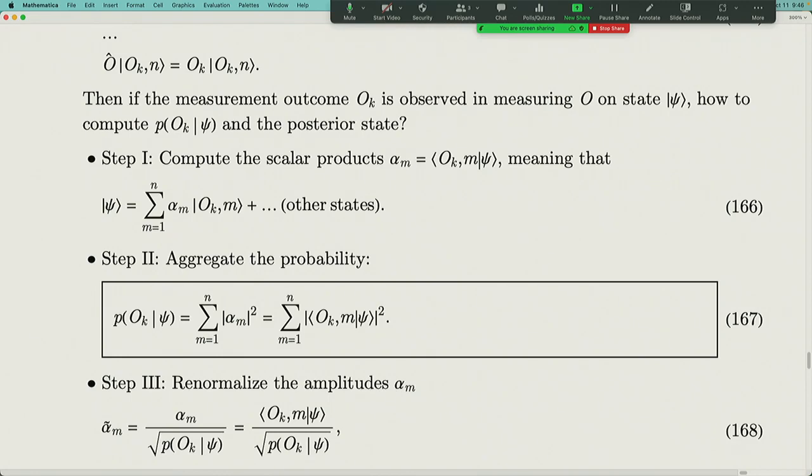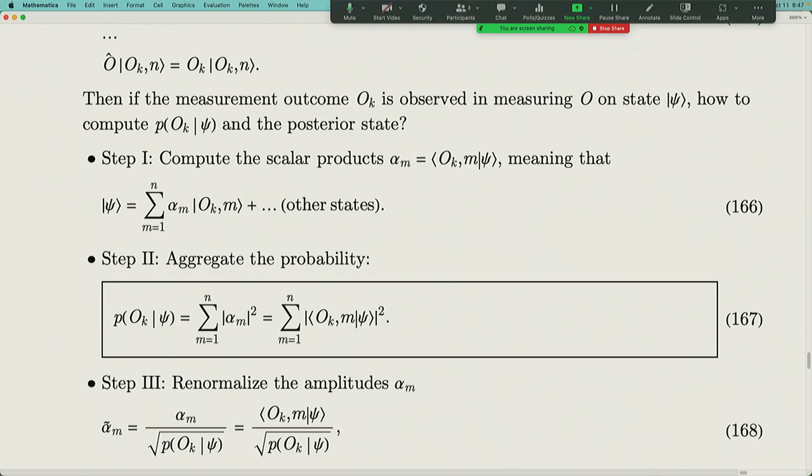This vector itself is a unit vector, because every state vector is automatically assumed to be normalized. But when you project to the subspace, it's no longer normalized, it will be shorter. Then it depends on the square of this length, and this basically gives you the probability distribution.